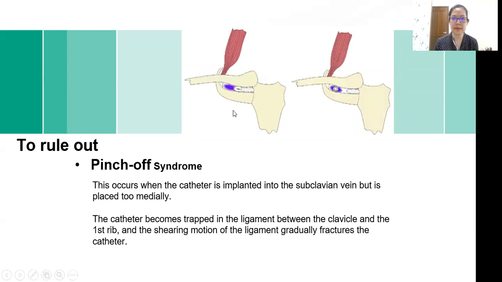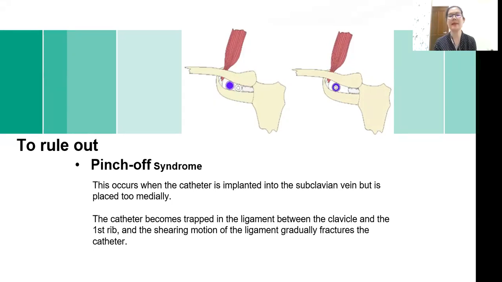If you look at this one, you see, this is what it means: pinch off syndrome. Can you see the cartoon moving? Pinch off syndrome occurs when the catheter is implanted, because they are all central venous catheters, right? Some of the methods the surgeon or the doctor uses to implant the catheter travel through the subclavian vein, but it is placed too medially.